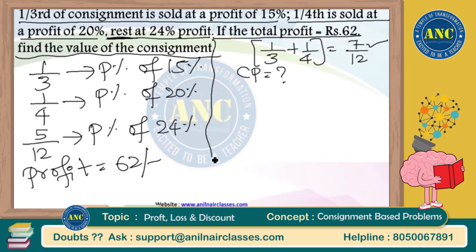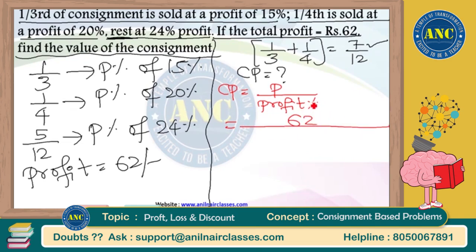Just now we discussed method 2 in my previous example. Same logic I will implement. Cost price is nothing but equal to profit divided by profit percentage. Total profit given in the question is 62 divided by overall profit percentage, which is 1/3 into 15. 3 into 1, 3 into 5.